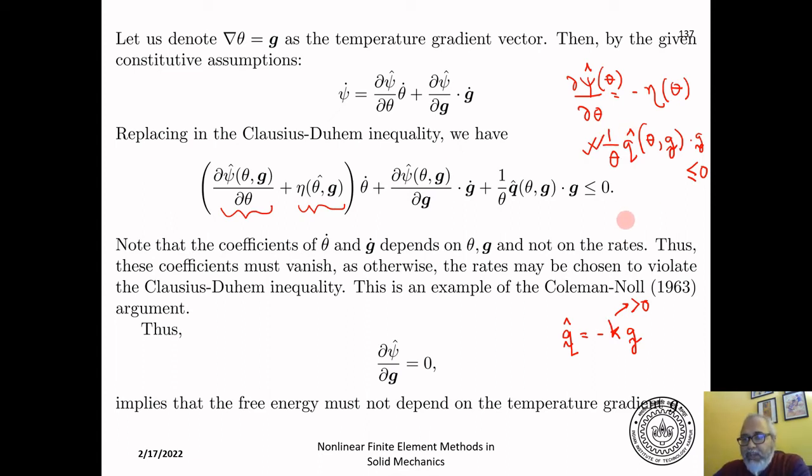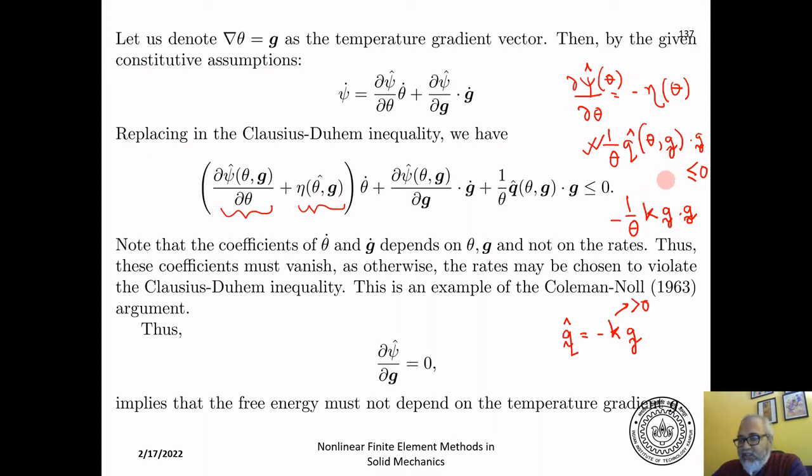because if you plug it in here, what you get on the left hand side is 1 by theta times minus K g dot g, that is g square, and this term is always greater than 0.